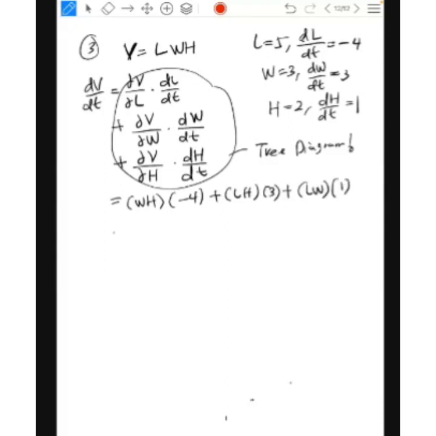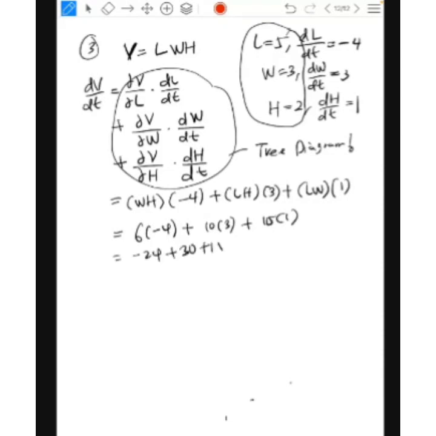Okay, so all that's left is to substitute the values 5, 3, 2. So 3 times 2, 6, times 4; 5 times 2, 10, times 3; 5 times 3, 15, times 1. So we get 21.